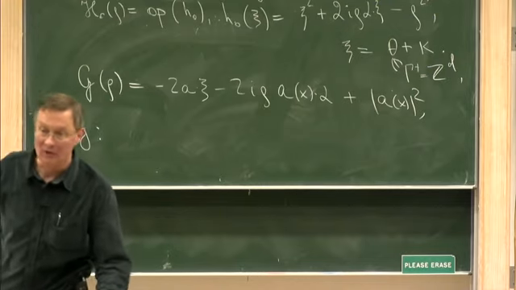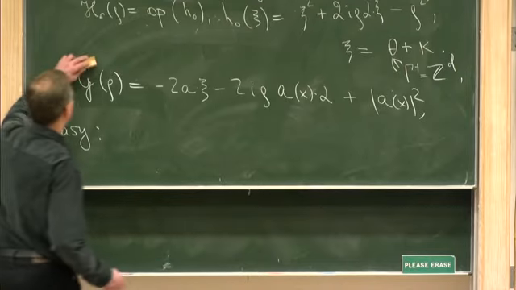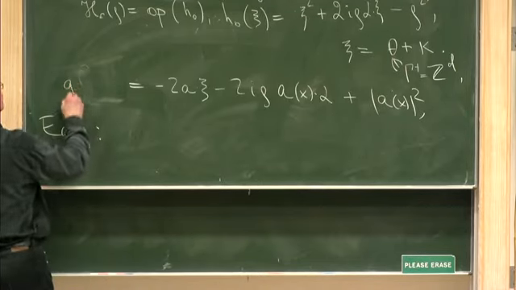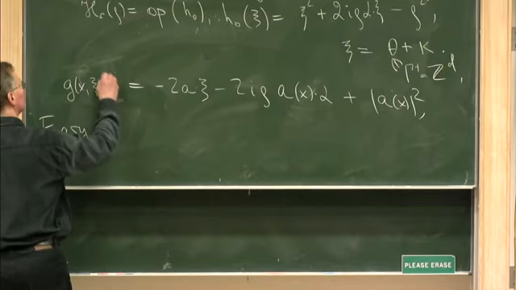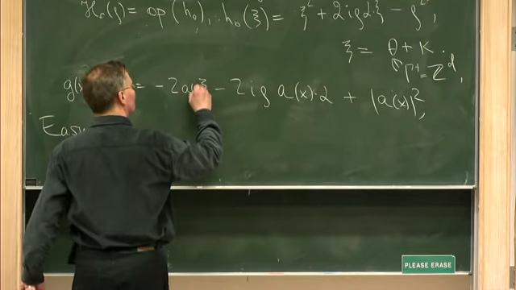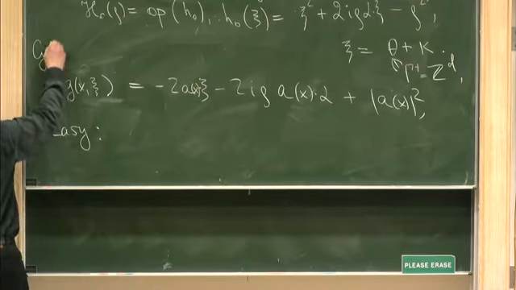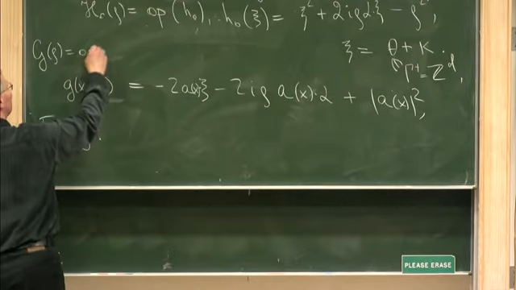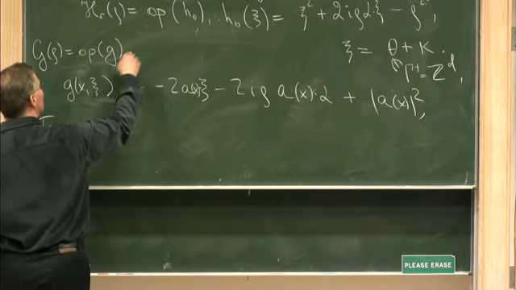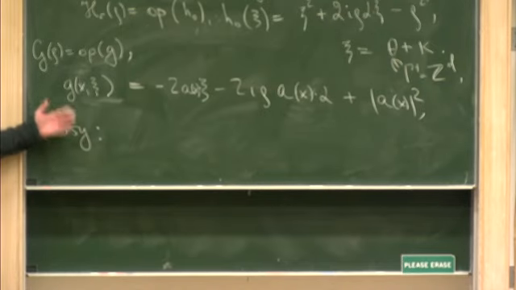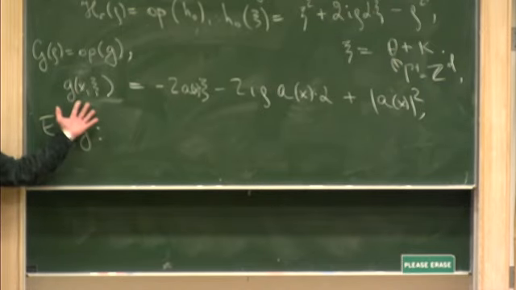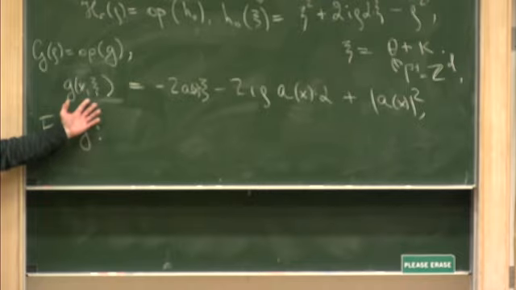Let me write the symbol here. So G of rho is the operator with symbol G. Of course, the symbol depends on rho, but I will drop this just for brevity.